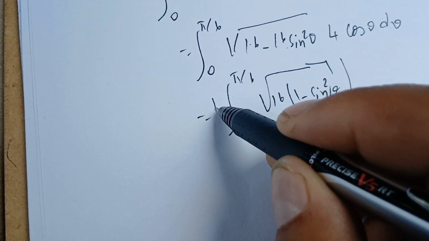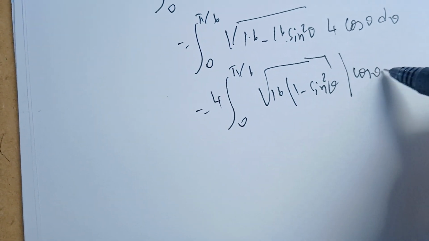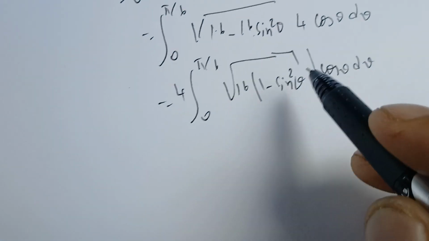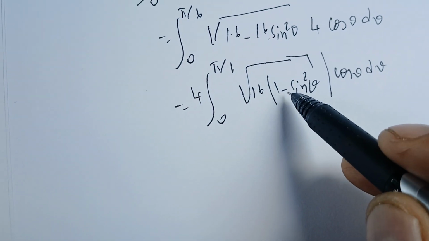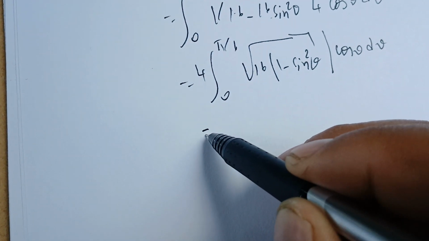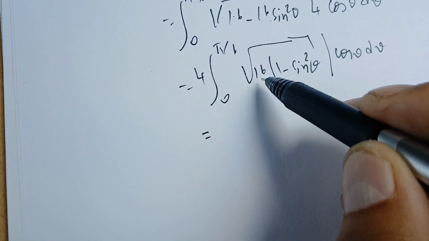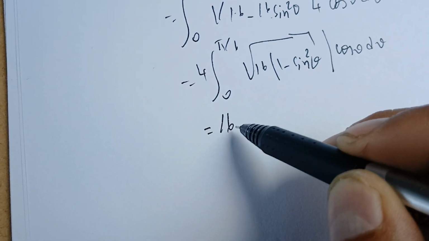Let's get the 4 outside. And we can take the square root outside, since the square root of 16 is 4. We take it out, and we get 16 here.